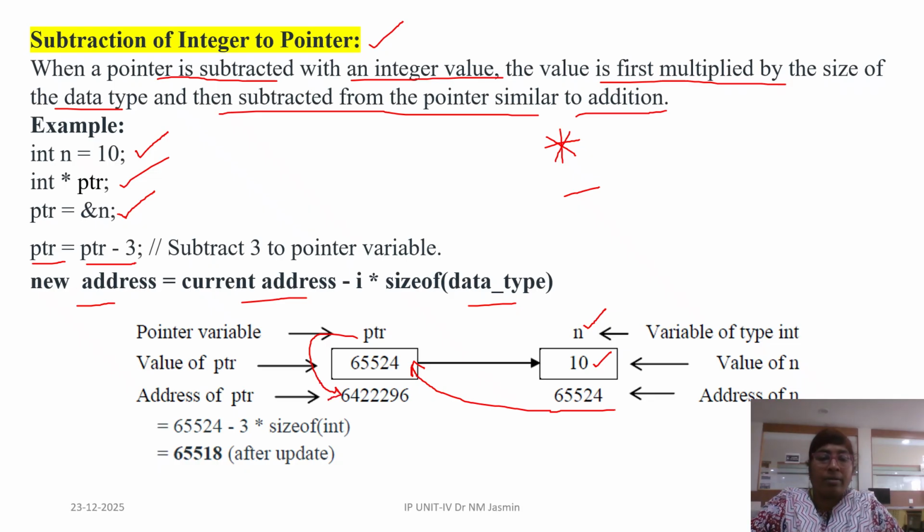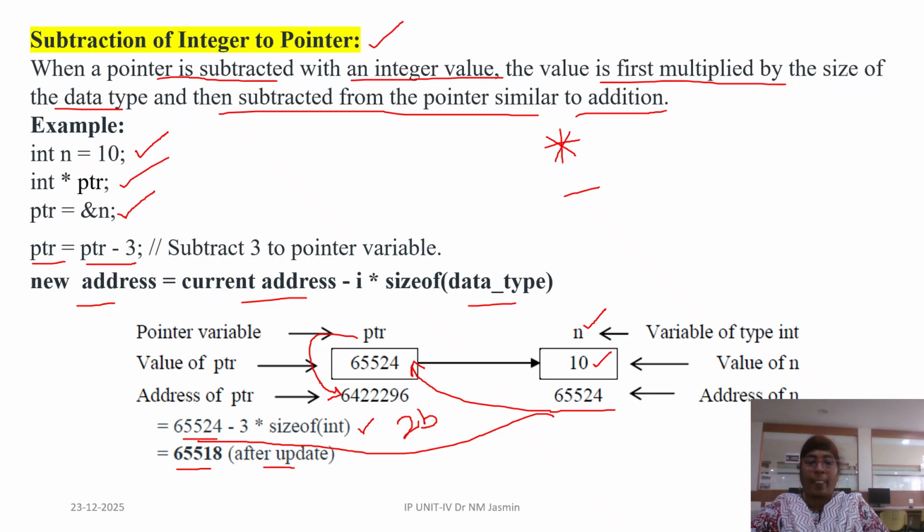To calculate the new address, take the current address minus 3 into size of integer. I said that the size of the integer is 2 bytes, so 3 into 2 is equal to 6 bytes. You subtract the 6 bytes from the current address and finally you get the new address after update.